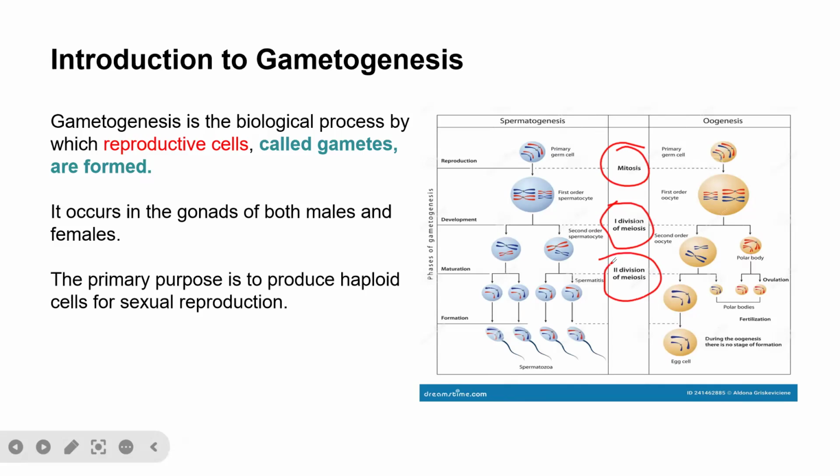And this also applies to oogenesis, where it starts with the primary germ cell, the first order oocyte, the second order oocyte, and then of course the ovulation, where there is a formation of polar bodies and an egg cell. So these are actually the phases of spermatogenesis, and we are going to look at the explanation as we continue.